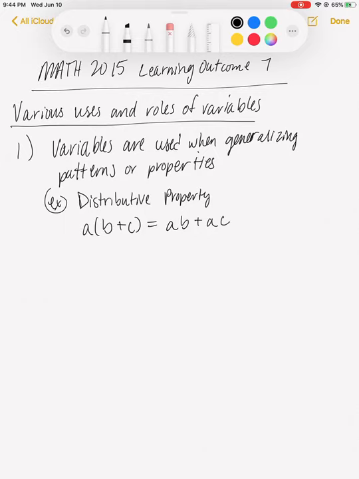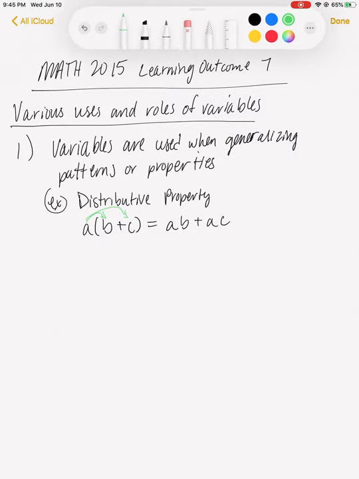Now these letters A, B, and C can vary. They are different places, they have different roles. The front number multiplies both the middle and the inside numbers, using the distributive property.